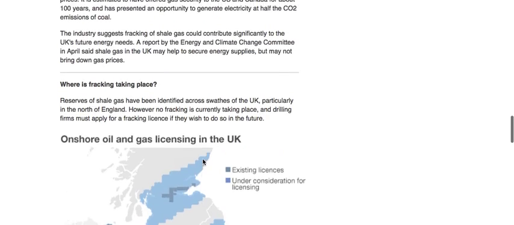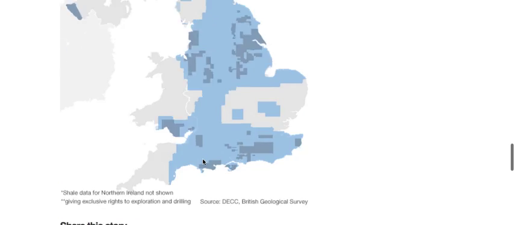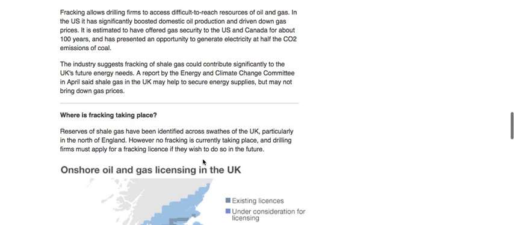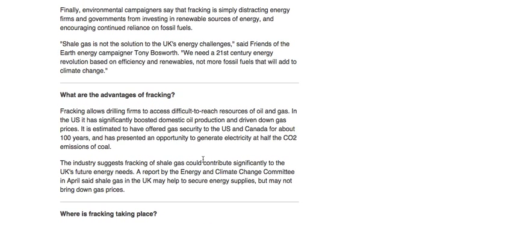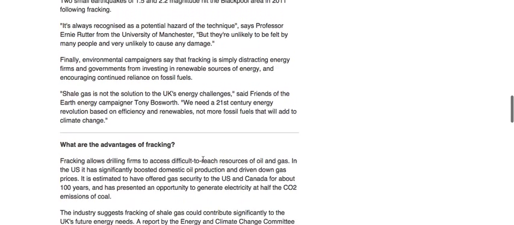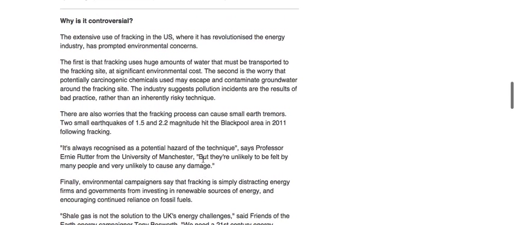So this, I think, is what's going to be my main focus in my research paper, and I'm going to have to research this more and find out which side I'm on when it comes to fracking, because it is producing a lot of energy.